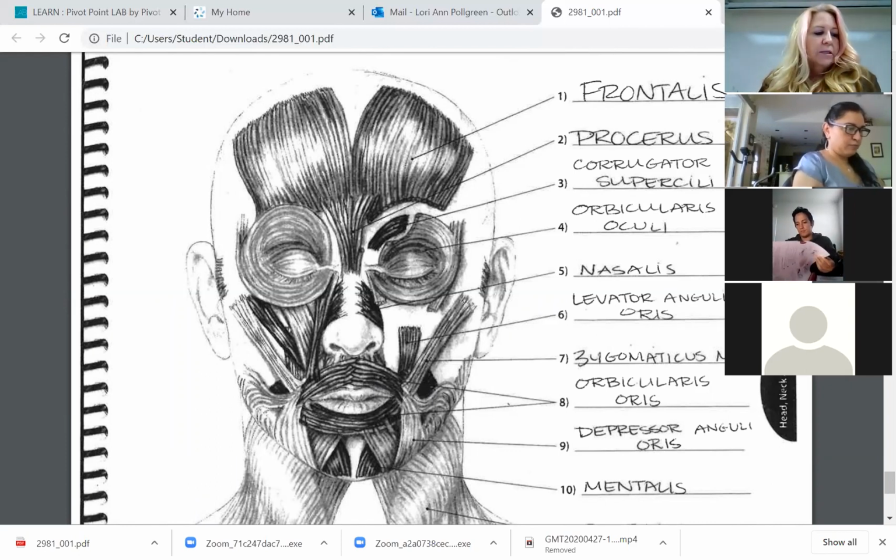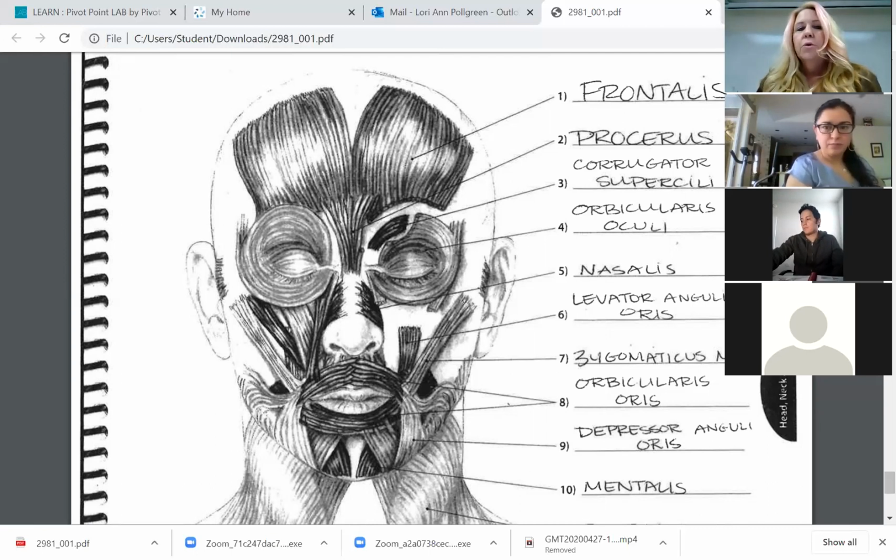Orbicularis oculi, so orbicularis is that round muscle. It is a sphincter muscle on our face. Oculi, meaning the ocular or eye region. Nasalis, on our nose, our nasals. Levator means it's elevating, right? Anguli oris, and oris meaning oral or mouth region. So levator anguli oris.